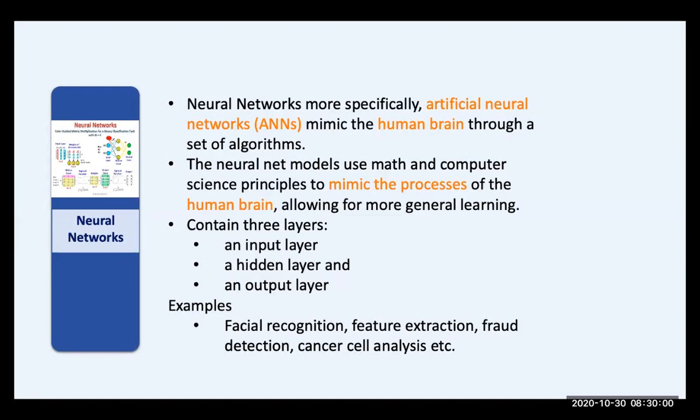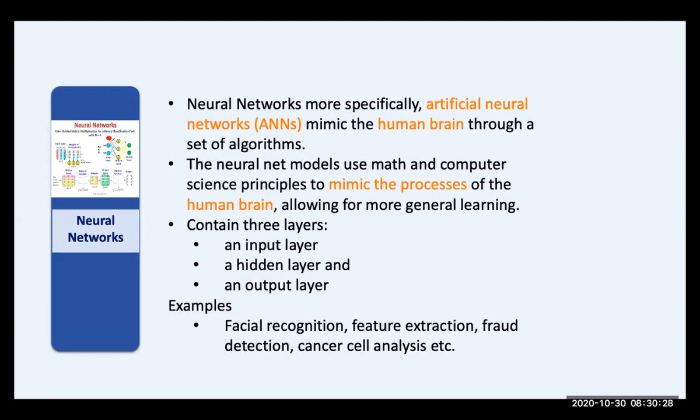In a neural net there are only 3 layers: input, hidden, and output, but there can be more than one hidden layer. When there is more than one hidden layer and more than 3 layers in the neural net, that is deep learning, which we discussed in our previous slide.